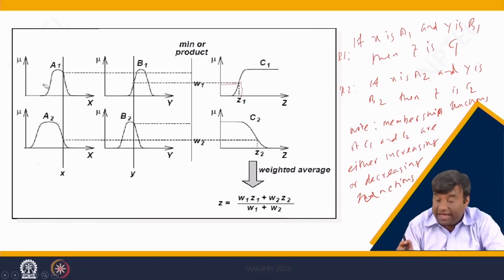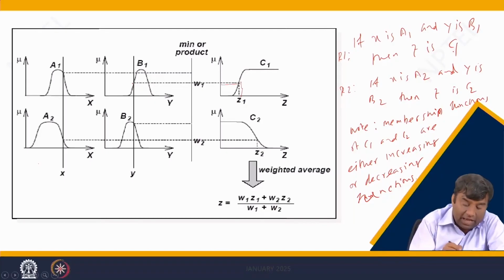So the rule is that if X is A1 and Y is B1, then Z is C1. This is R1.